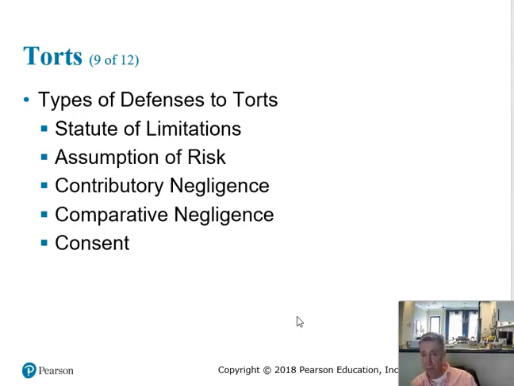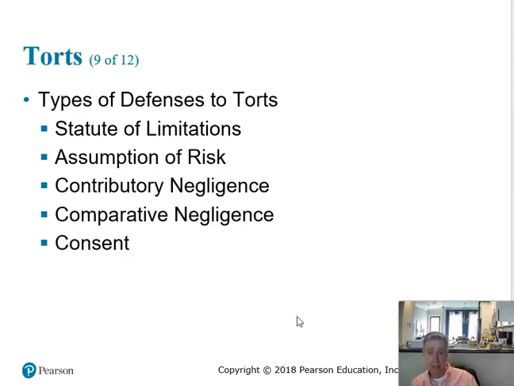Contributory negligence kind of means both parties were negligent. Comparative negligence is a legal theory that says, okay, let's say your damages were $1,000, but your negligence was 30%, while the defendant's was 70%. So we will only charge the defendant 70% of the $1,000.